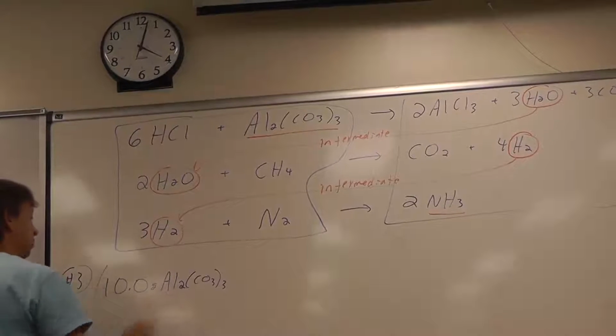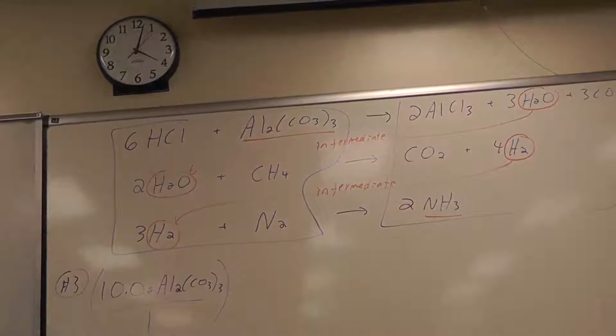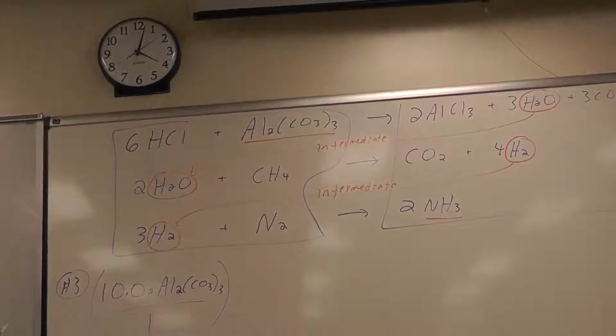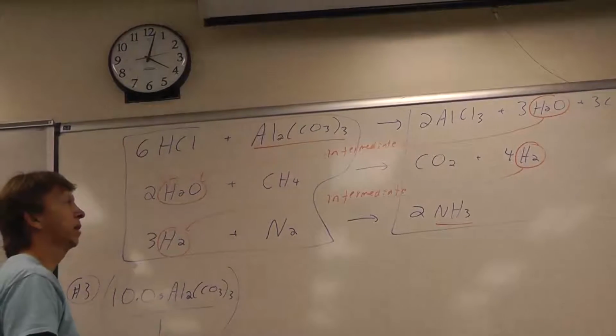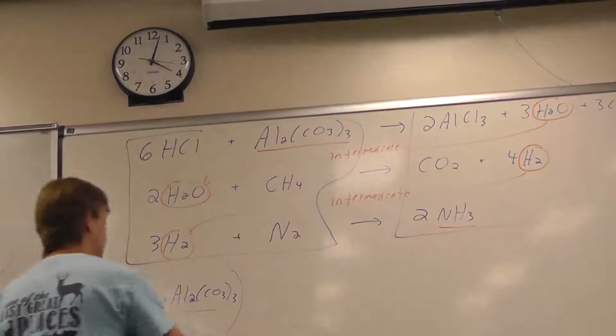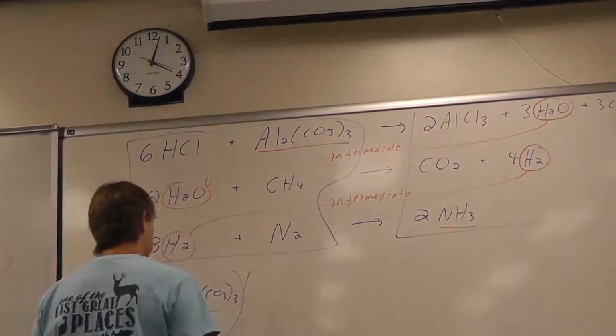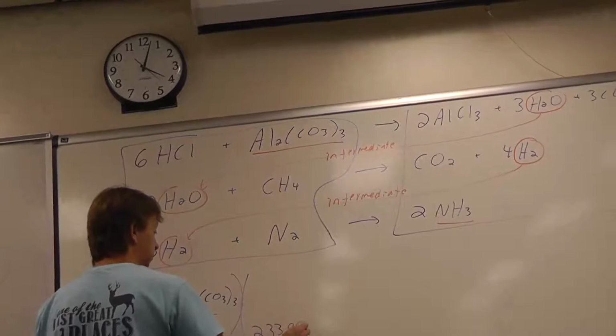We start with our 10 grams of aluminum carbonate. We want to ultimately relate that to ammonia, but like I said, we can't do that directly. We have to do it indirectly through those intermediates. So step one is to get out of grams and into moles.